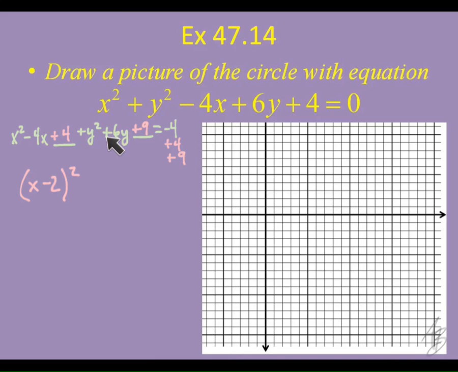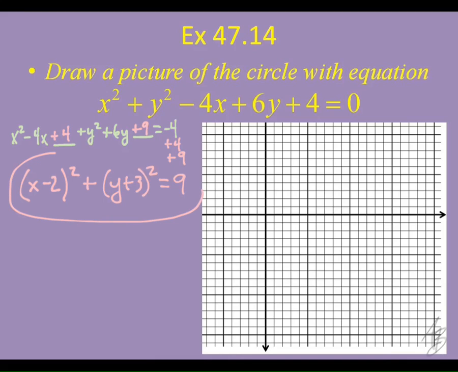What are we going to get here with the y's? Plus 3, so y plus 3 squared. And then with all this stuff here, we have a negative 4 plus 9. The negative 4 and the plus 4 cancel each other out, so we have the plus 9. So that's just equal to 9.